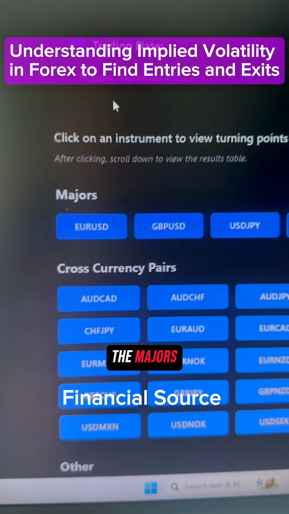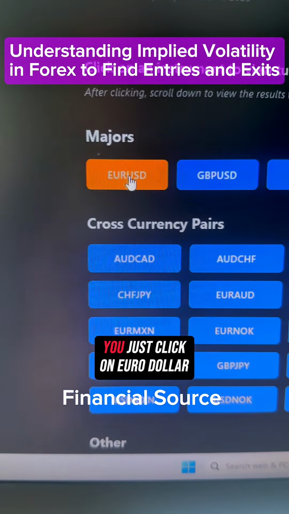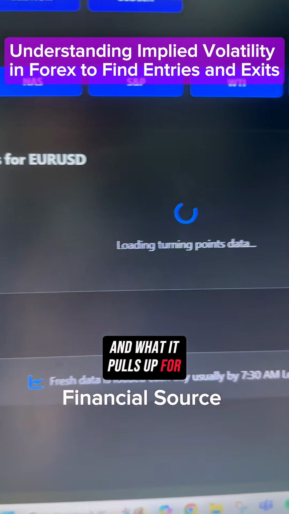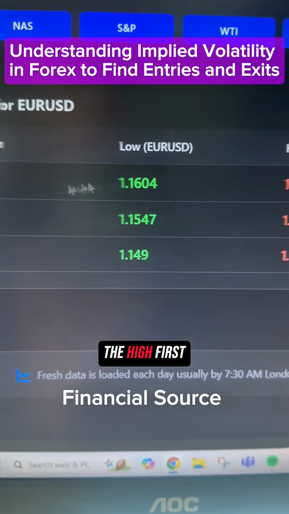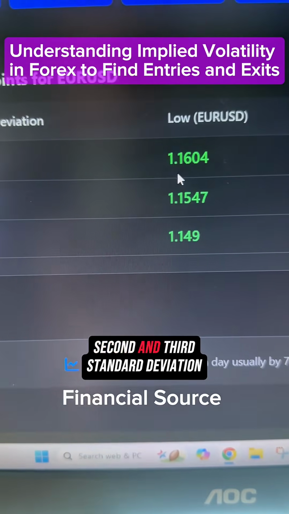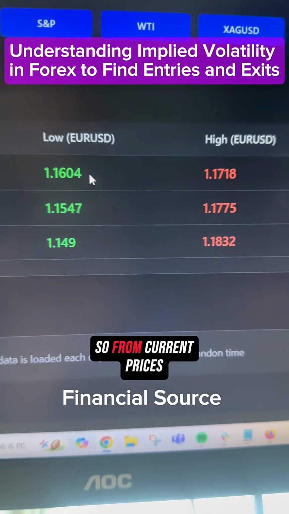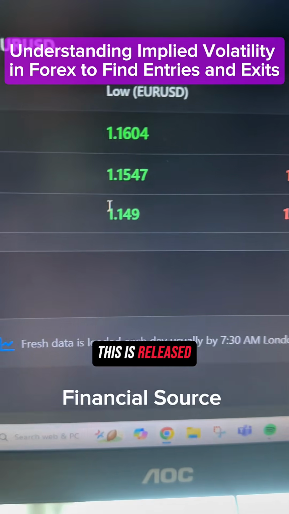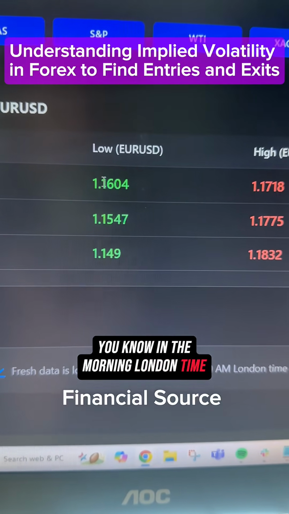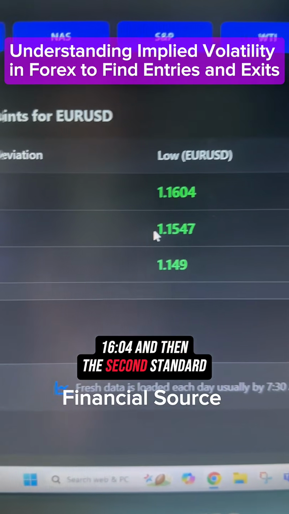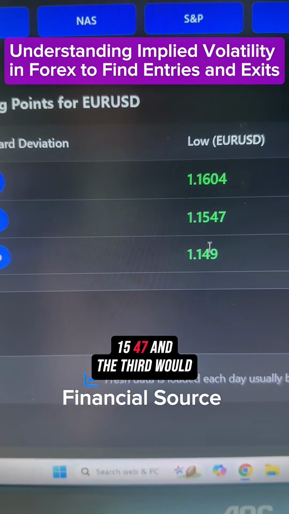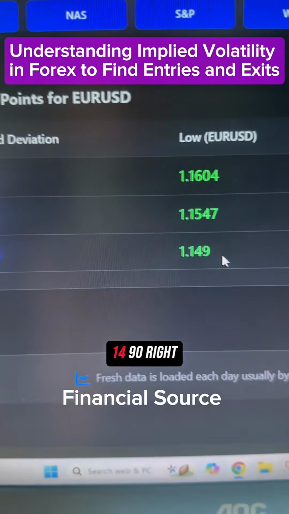So if you click on any of the majors, this is for September 4th, you just click on euro dollar, and it pulls up the low and the high, first, second, and third standard deviation. So from current prices, this is released in the morning London time, the low would be 116.04, and then the second standard deviation would be 115.47, and the third would be 114.90, right?